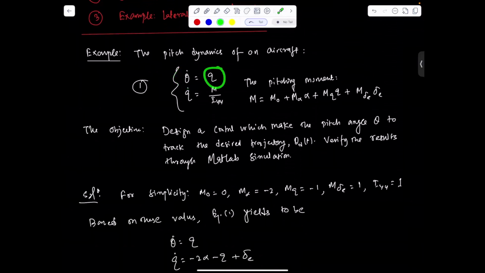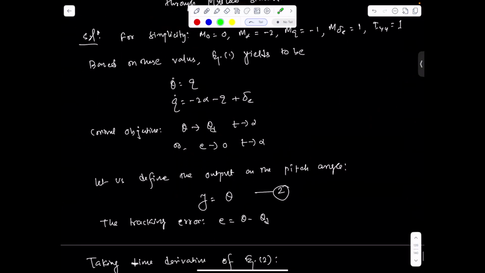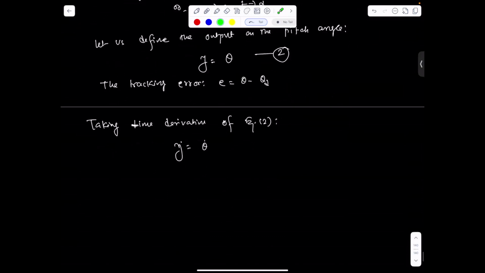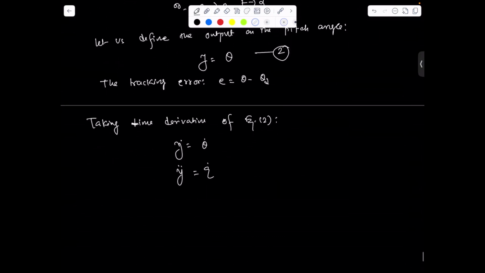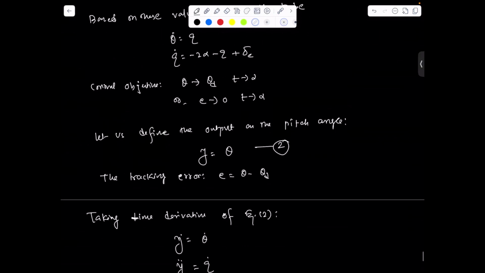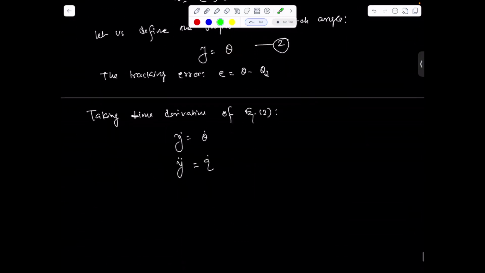In the q equation there is no control; only in the q dot equation do we have the control, delta E. So we have to take the second derivative: y double dot equal to q dot, which is minus 2 alpha minus q plus delta E.